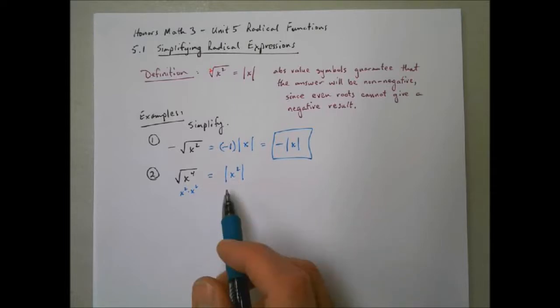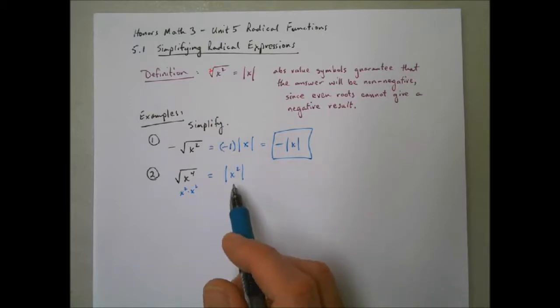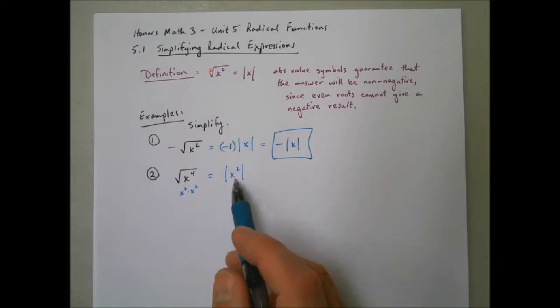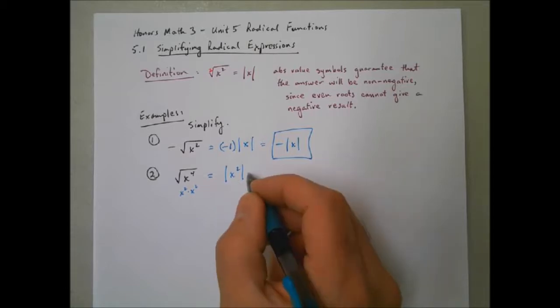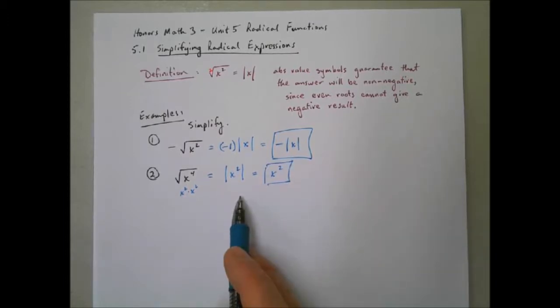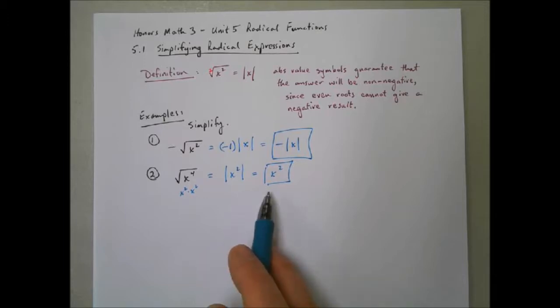We are dealing with real expressions here in the radical unit, so x will have to be a real number, so no imaginaries. If we're squaring a real number, can it give us a negative result? No. So really, the absolute value of x squared is just x squared, and we do not need the absolute value symbols because x squared will be a non-negative result.